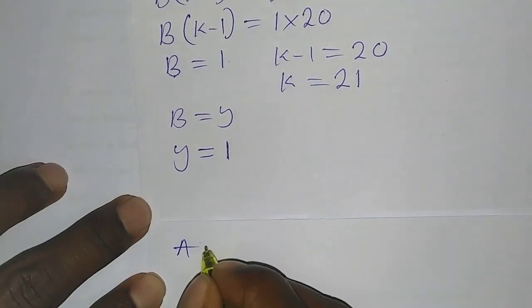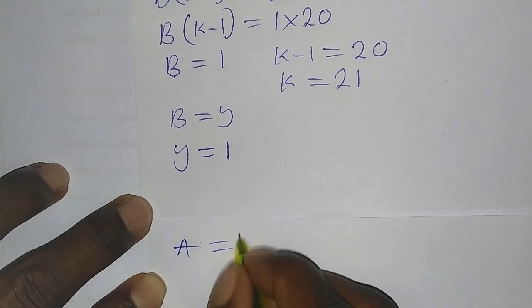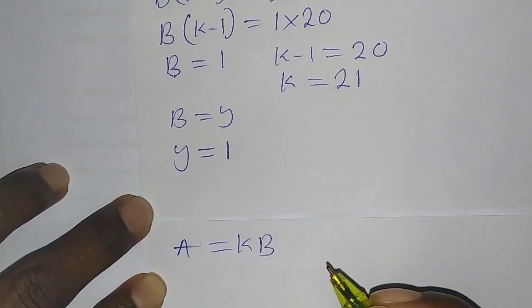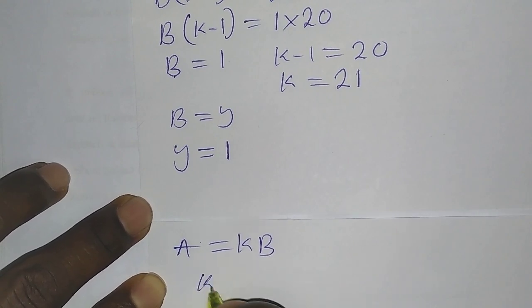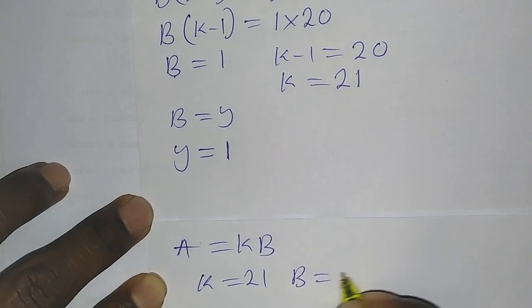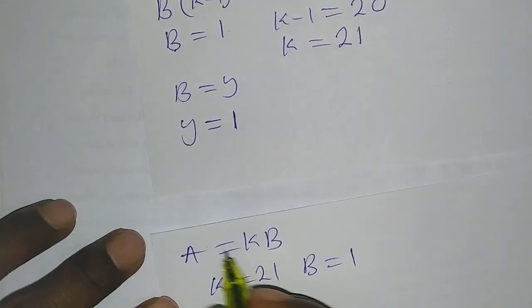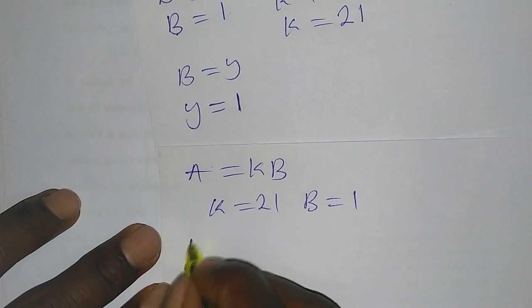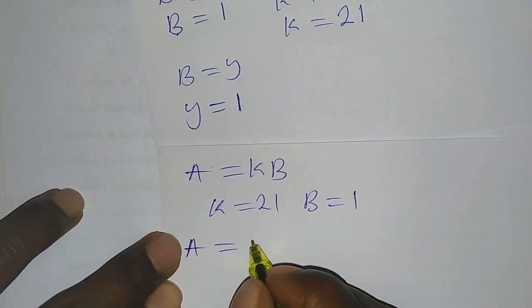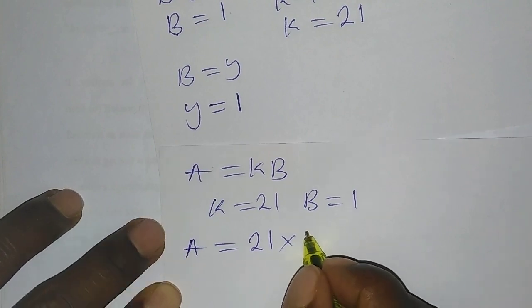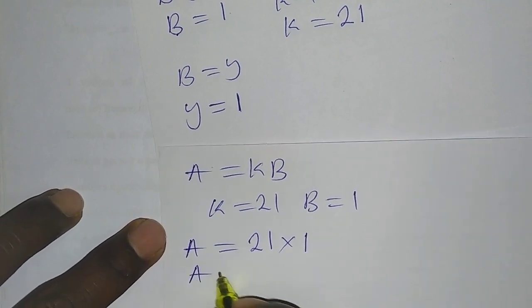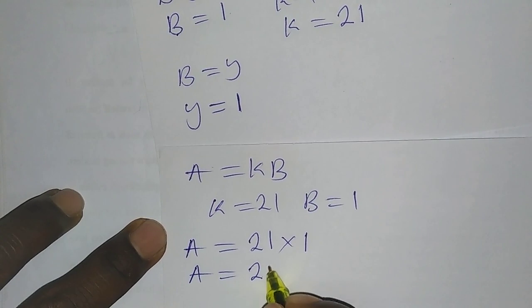We let a be equal to kb, but k is 21 and b is 1. Therefore, our value of a is equal to 21 multiplied by 1. Now a is equal to 21.